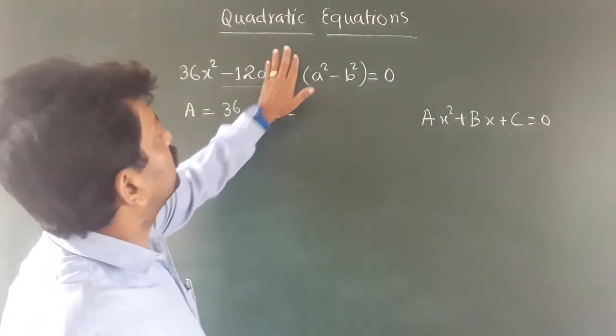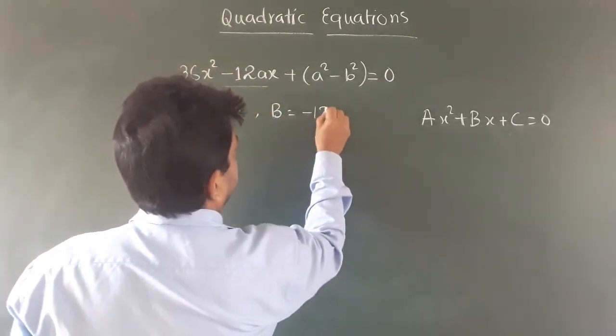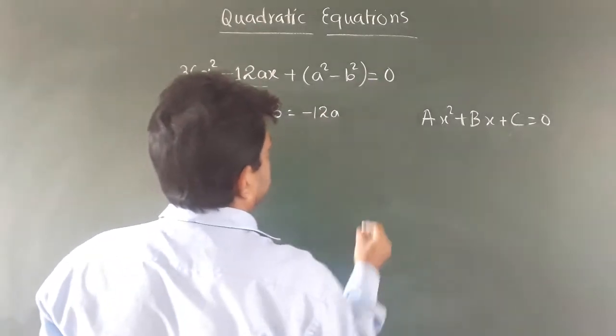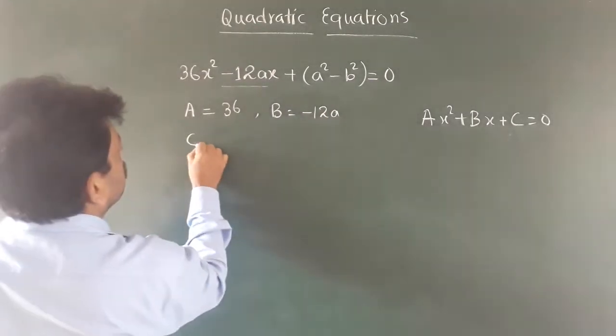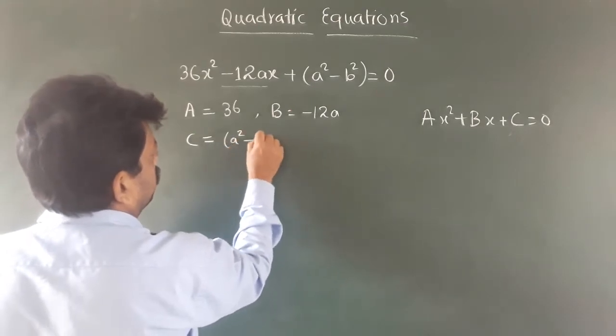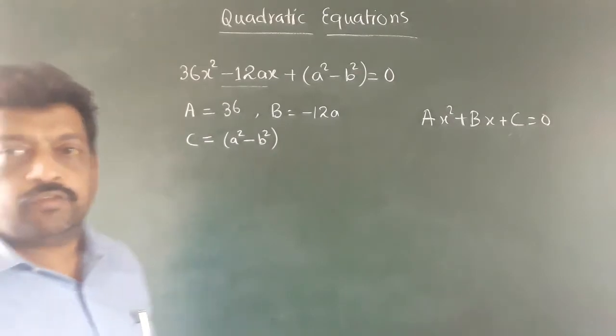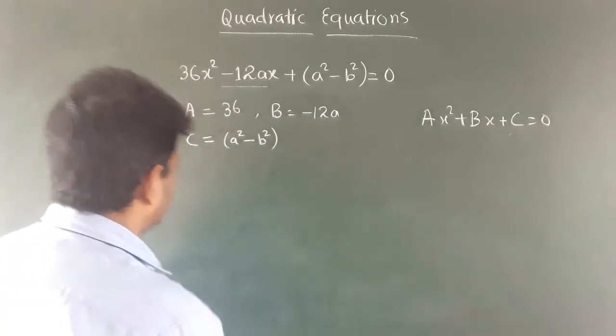Other than x, the whole thing is the coefficient of x. So it is minus 12a. And what is C here? C is the bracket part, small a square minus small b square. Understood?